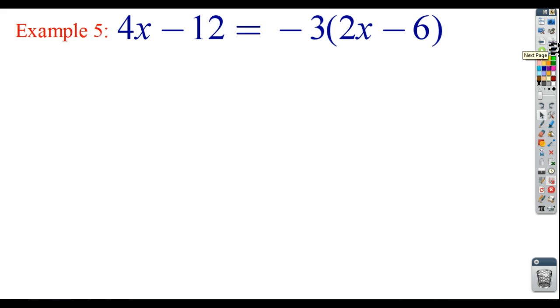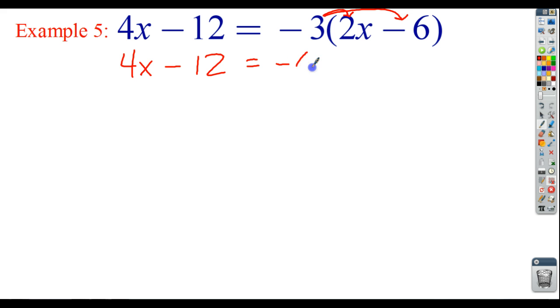All right, so let's first take a look at a problem like this. In fact, this is the exact one that we did before, and this is an example of an equation that has one solution. If you remember, the first thing we did is distribute that -3 and open up those parentheses so that we could get all of our variables together on one side.